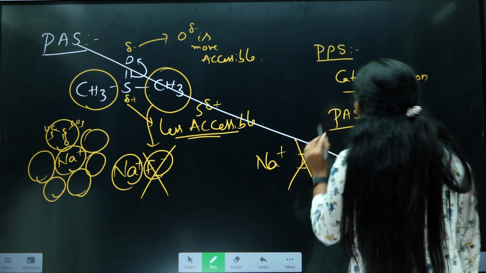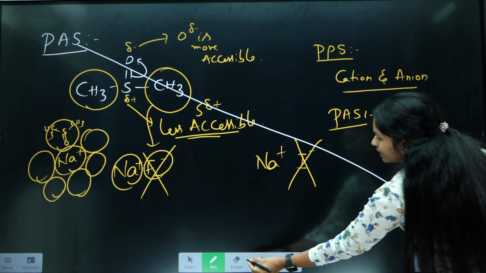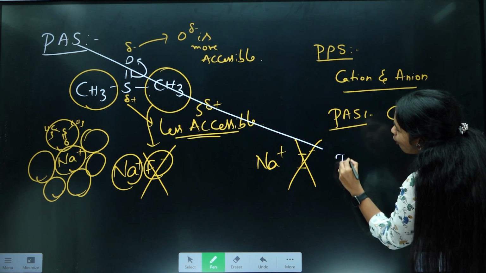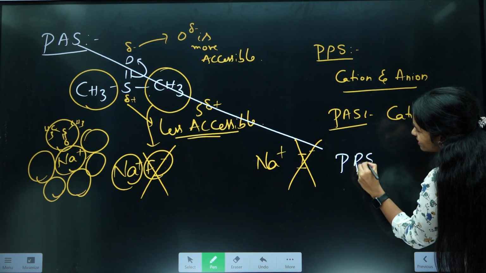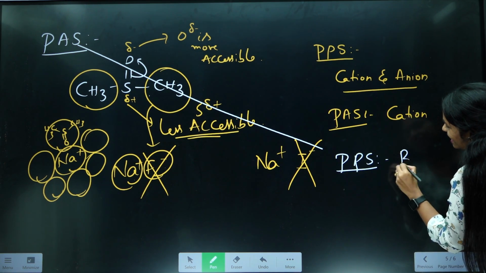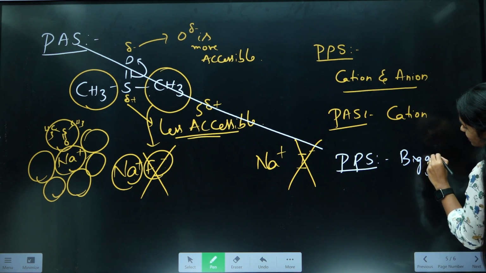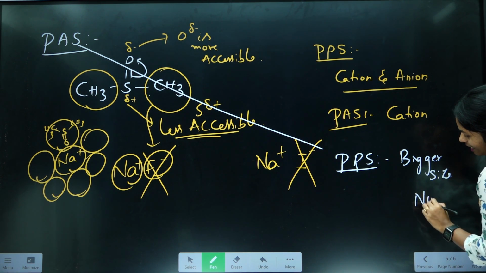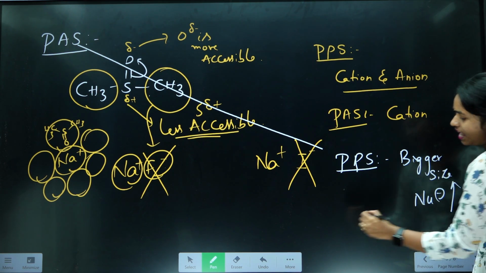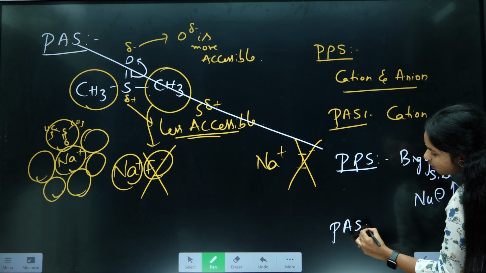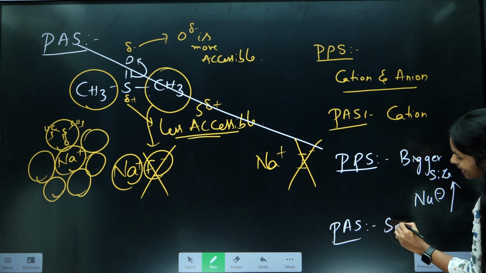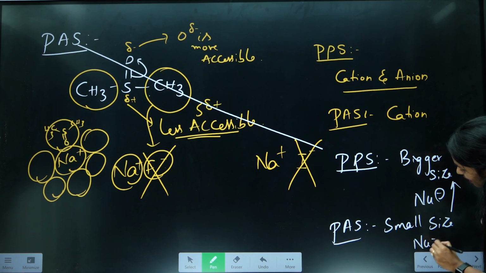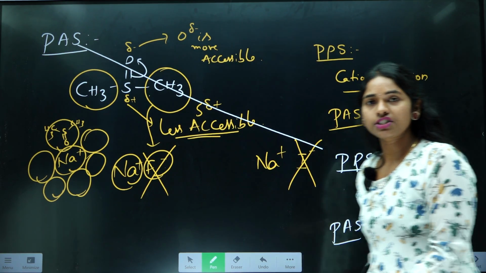One and only one point: polar protic solvents, bigger size means it is a good nucleophile. Polar aprotic solvent, small size, it is a good nucleophile. That's it. Shall we start solving questions?